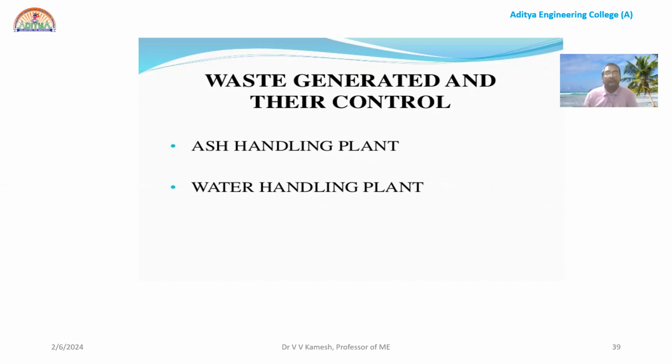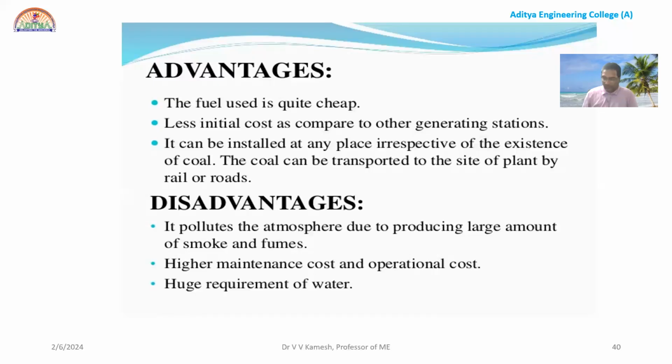How to convert the ash into a useful item? We have fly ash bricks. And the water is transferred to the water treatment plant so that we can circulate it through the systems. So these are the different advantages and disadvantages.